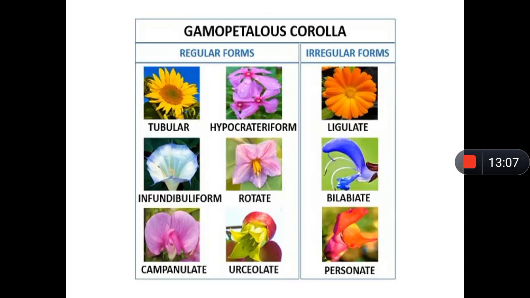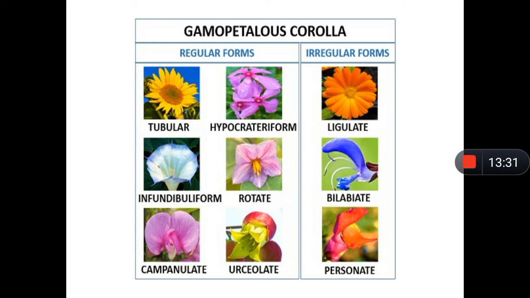These are the examples. We can see the pictures of gamopetalous types of corolla. On the left, regular forms, the first one is tubular. This is the sunflower, a disc floret of the sunflower. Next is hypocrateriform.